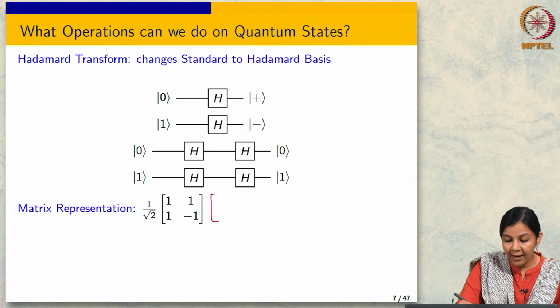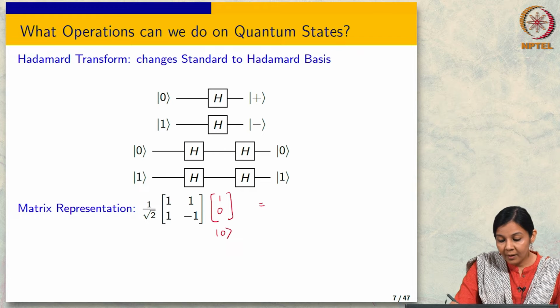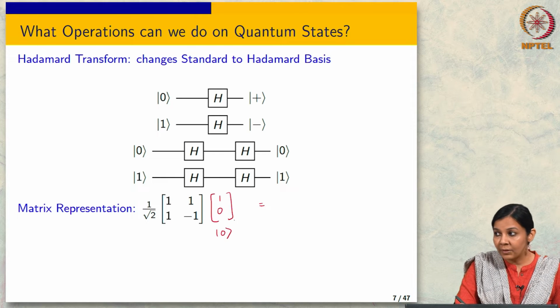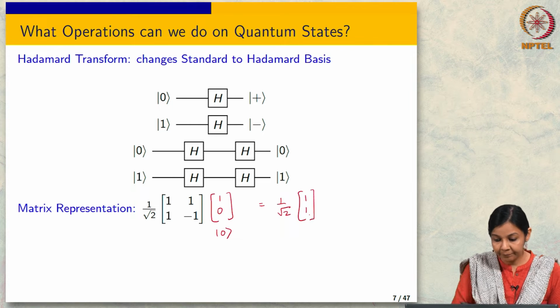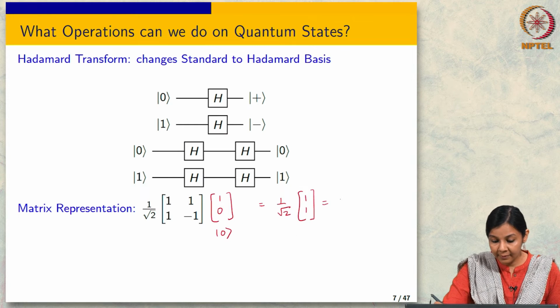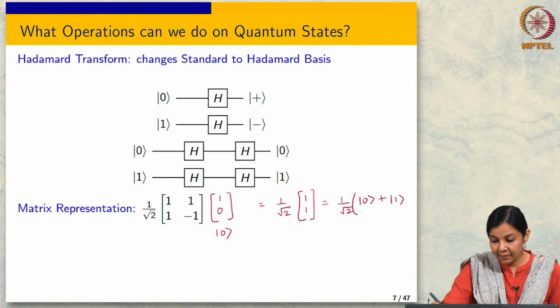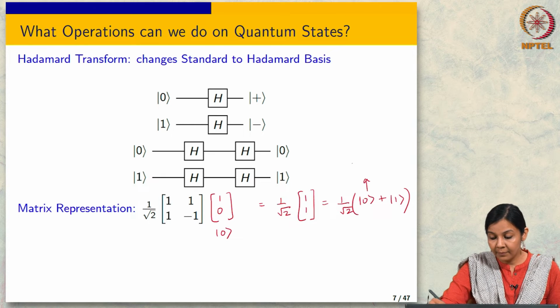Now if I take ket 0, which is represented by the vector 1 0, what does this give me? 1 over root 2 times 1 1, right, and this is 1 over root 2 times (ket 0 plus ket 1), isn't it? And this is the plus state.